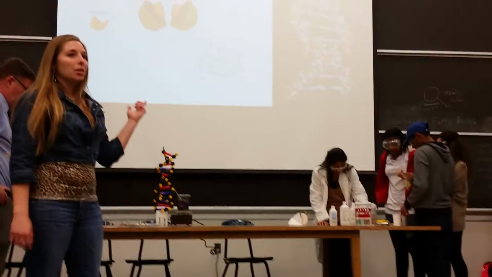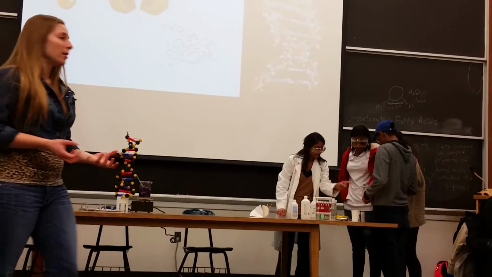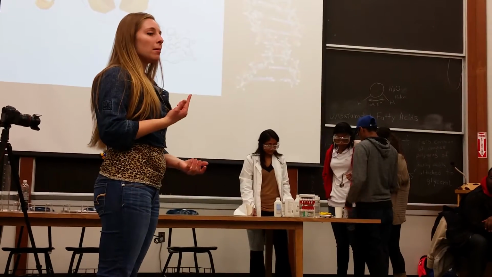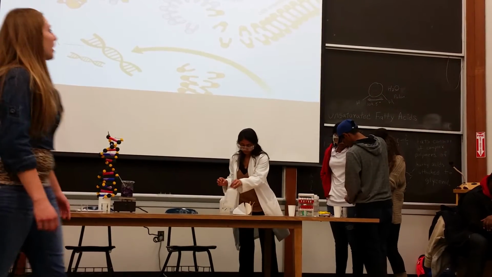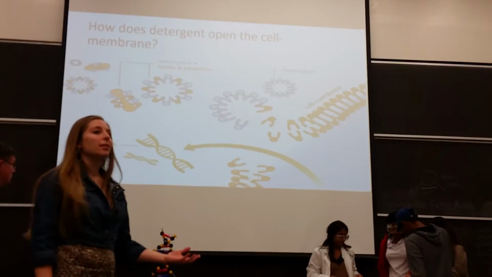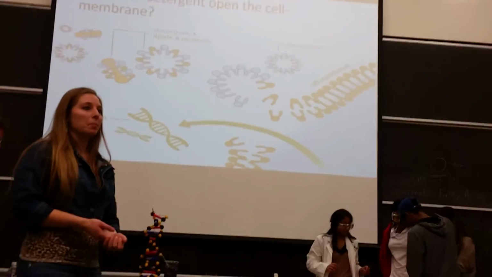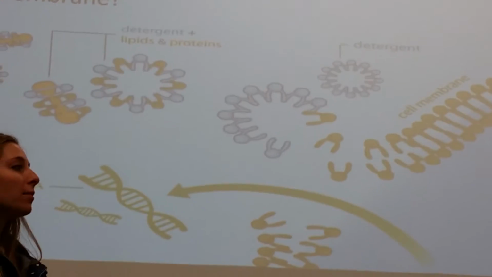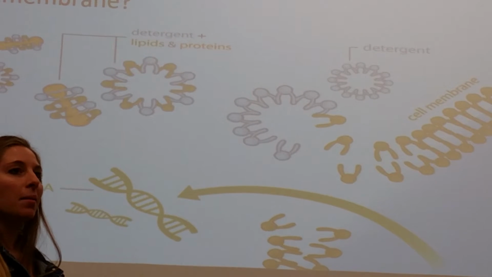We're adding detergent to the cells to open up the membrane and to also open up the nuclear membrane, so that the DNA can slip out into the outside environment. And how does the detergent actually open the cell membrane? Well, the phospholipids in the soap interact with the phospholipids in the bilayer, and it causes a disturbance in the membrane.